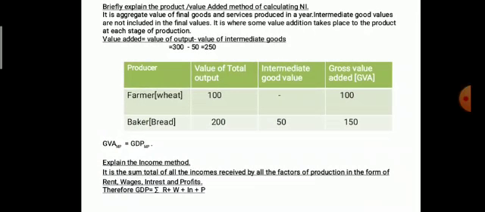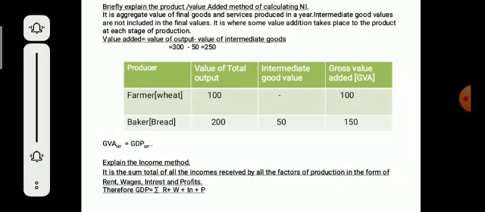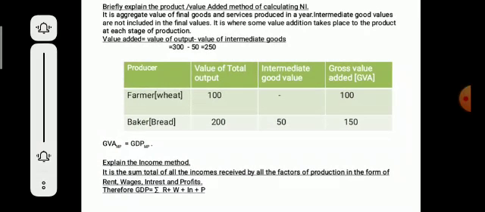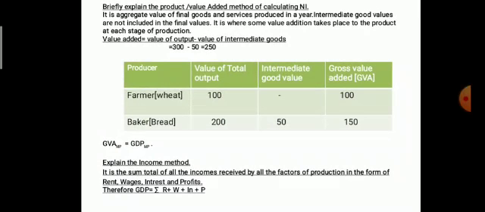Intermediate goods or raw materials are used for producing the final goods, so their values are not included in the final values. Value addition takes place to the product at each stage of production, and value added is the value of final output minus the value of intermediate goods.